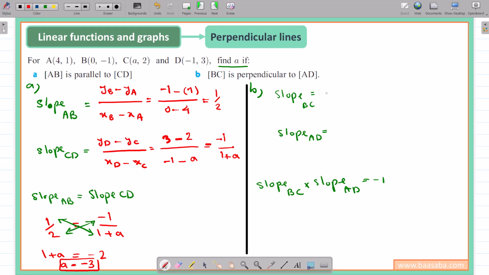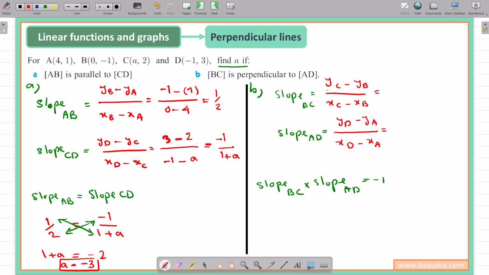The slope of BC is yc minus yb over xc minus xb, and for AD, yd minus ya over xd minus xa.